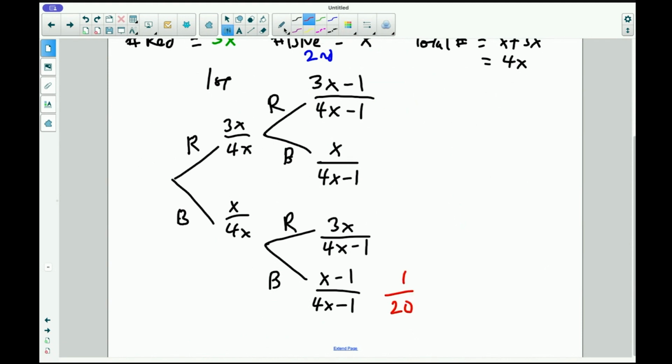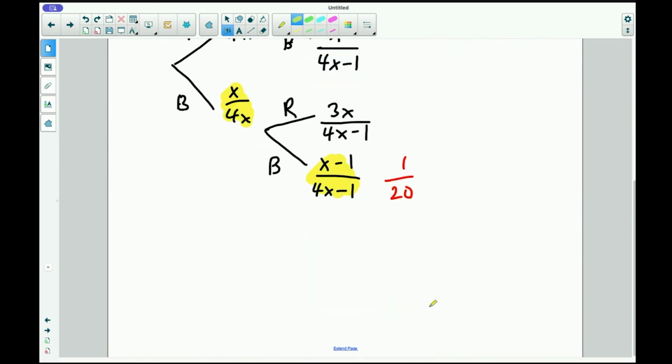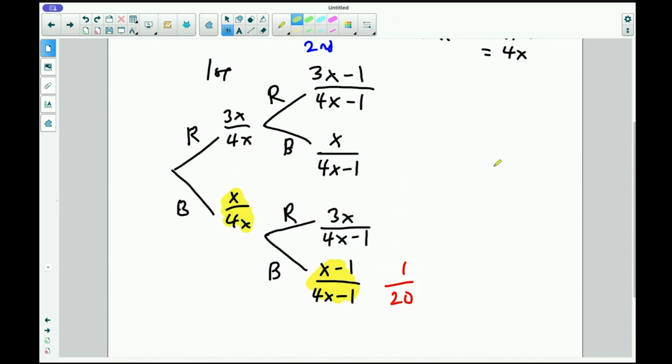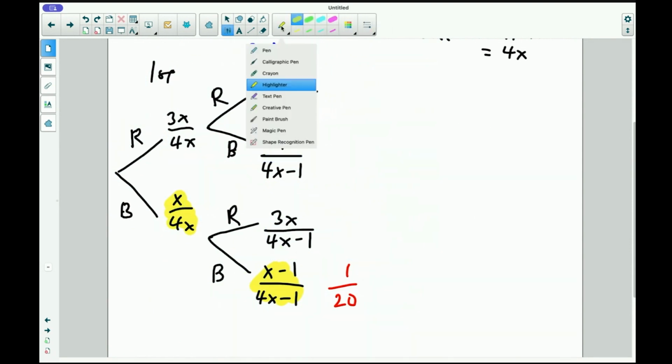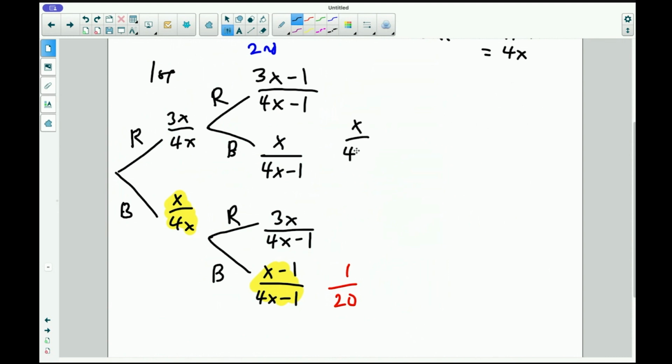Now, remember what we said earlier. If we have blue and then blue, we're going to multiply our probabilities together. So we're going to multiply these together. What that does for us is we'll end up having x over 4x times x minus 1 over 4x minus 1 has to equal 1 over 20.